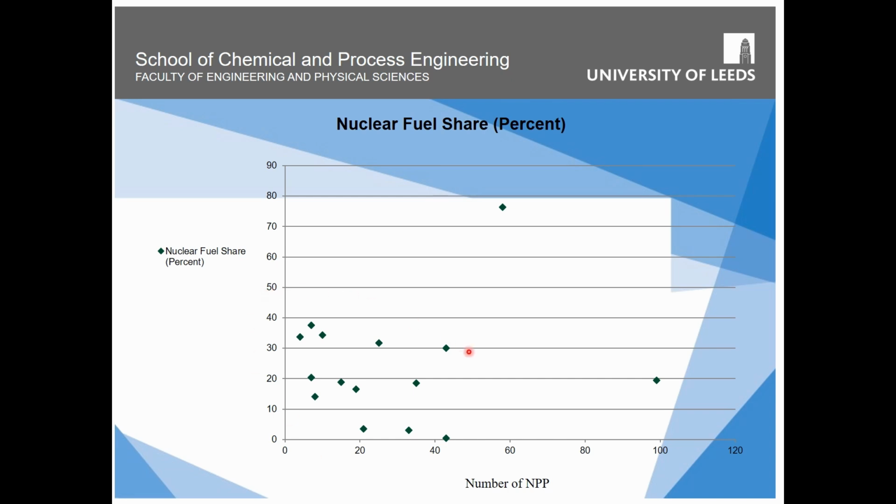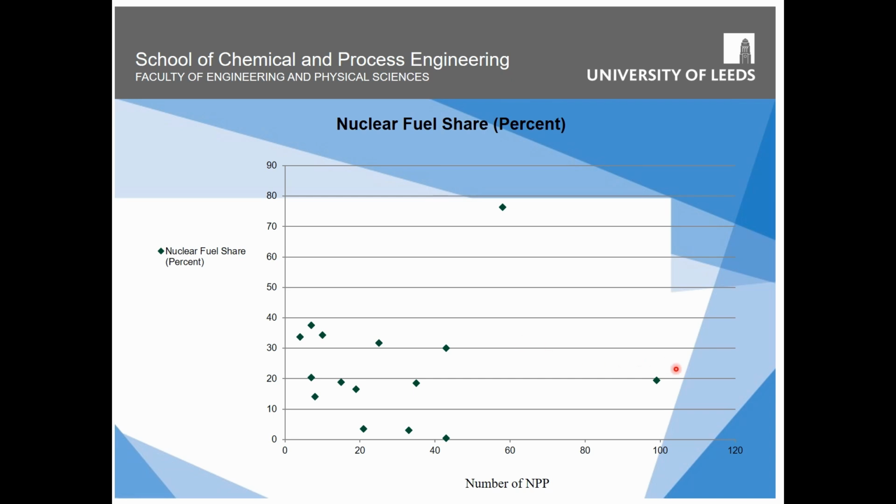And we can see a lot of the countries are clustered around about 1/4 to 1/3 of the electricity generated, and upwards of perhaps a couple of dozen nuclear power plants, although we get a couple of outliers. So we've got an interesting outlier here where there's 60 nuclear power plants within that particular country, and nearly 80% of the electricity, the vast majority, is generated by nuclear.